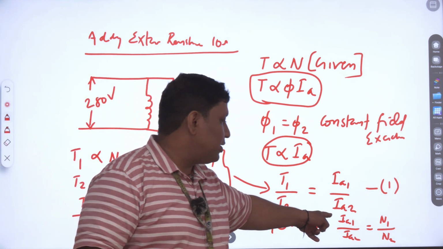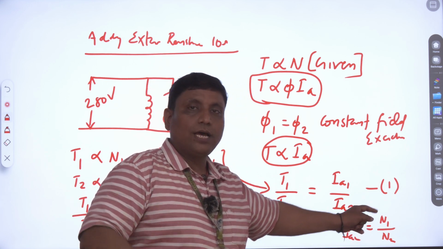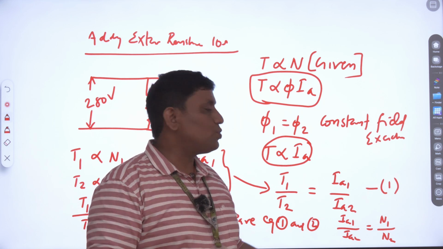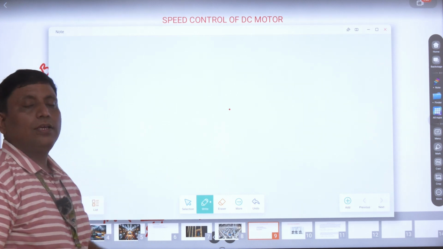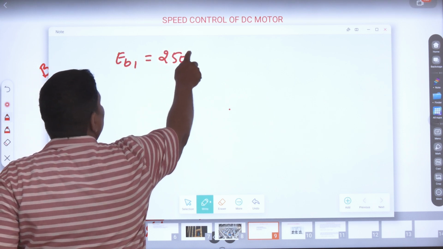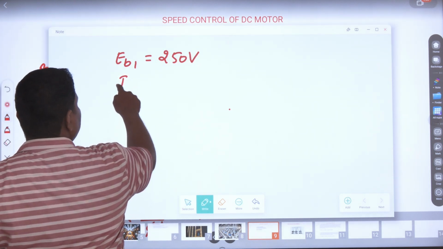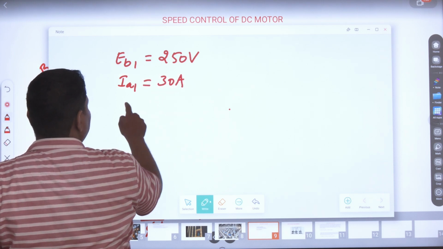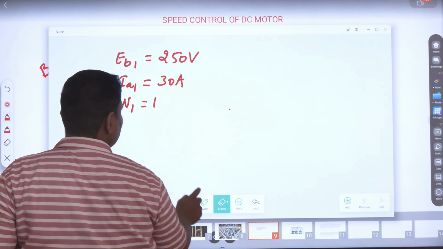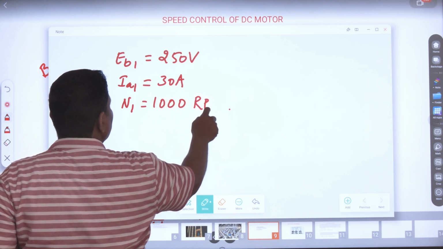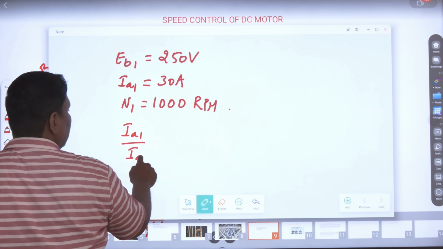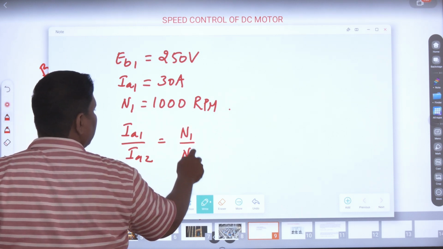So here the IA1 value is 30 ampere and N1 is 1000 RPM, but we need the IA2 current because IA2 is unknown. Similarly, speed N2 is also unknown. Now, EB1 is 250 volt, IA1 is 30 ampere, N1 is 1000 RPM, and we know the relation IA1 divided by IA2 equals N1 divided by N2.